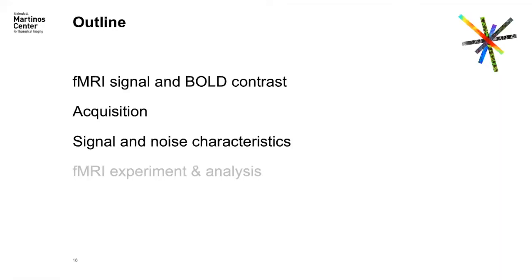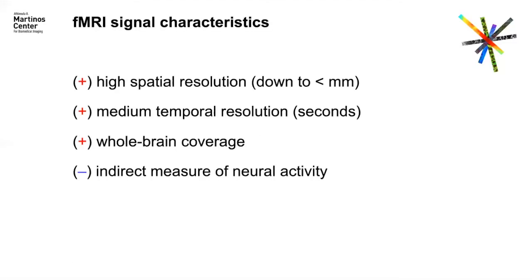Next we are going to look at some signal and noise characteristics of fMRI. So what we have learned thus far is that with fMRI we can get high spatial resolution and medium temporal resolution, on the order of seconds, and also we can get whole brain coverage.